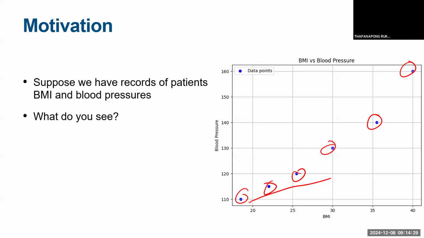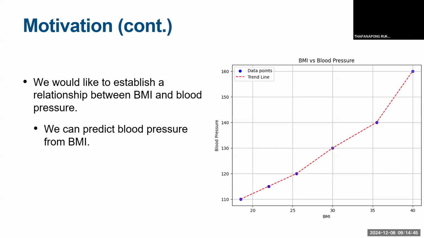So what we actually want to learn from this data is a relationship. When you put something together, you expect there must be some relationship between these two variables. So we want to establish a relationship between BMI and blood pressure.